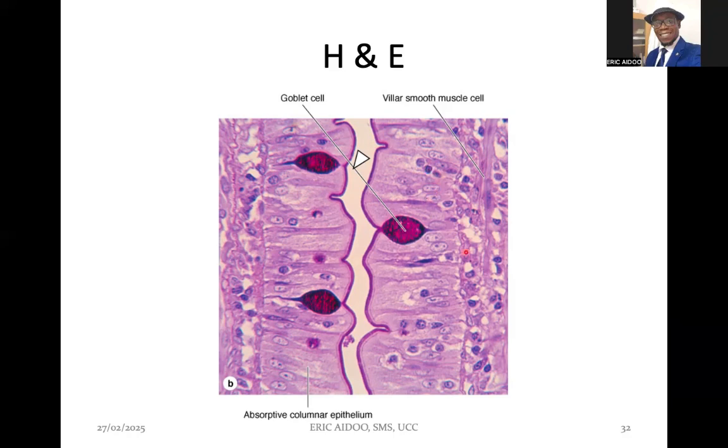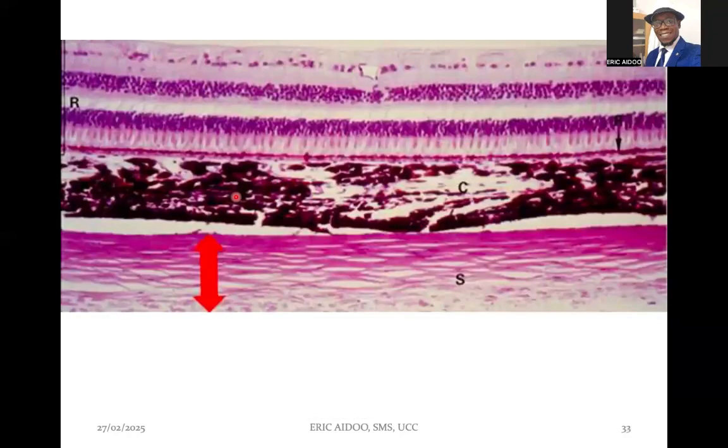So you can tell that all these blue or blue-black structures are nuclei, because they have picked the hematoxylin. And portions that look pinkish are eosin stained regions. Very pinkish, and then you also have dark stained regions. All will be nuclei. This is the retina.